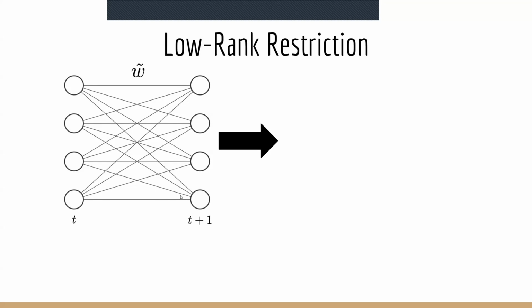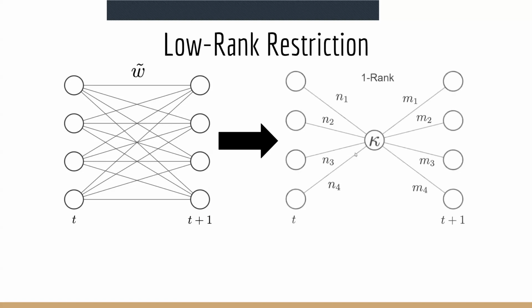Now, as it turns out, analyzing the dynamics, the behavior of our networks by looking at this full set of weights is really hard. It gets very complicated very quickly. So what we like to do is what's called a low rank restriction. It's a simplification.